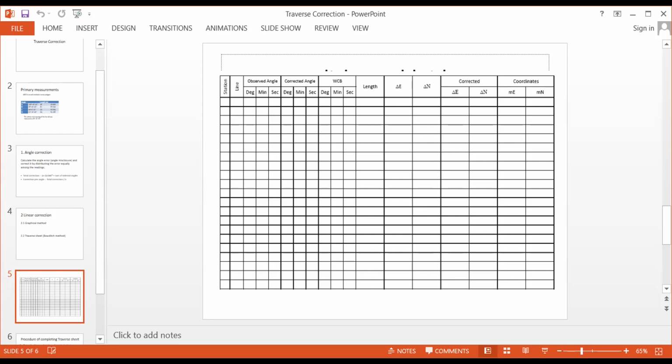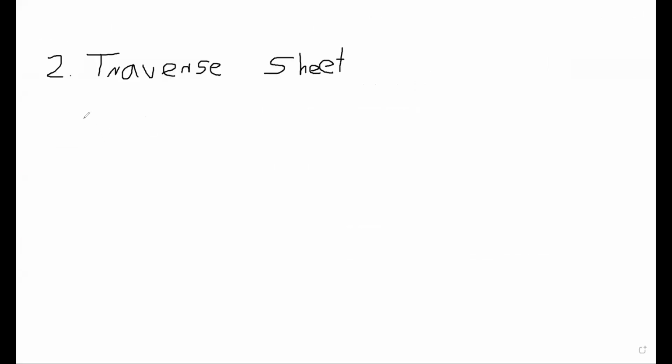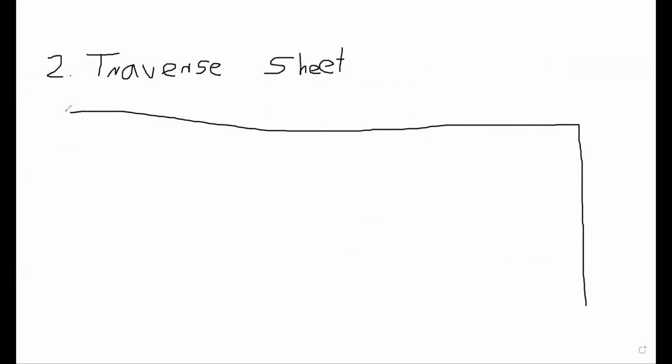So now what you have to do, you prepare a sheet, right? The sheet should be done in this way. It is better you take a ruled sheet, right? Ruled sheet.